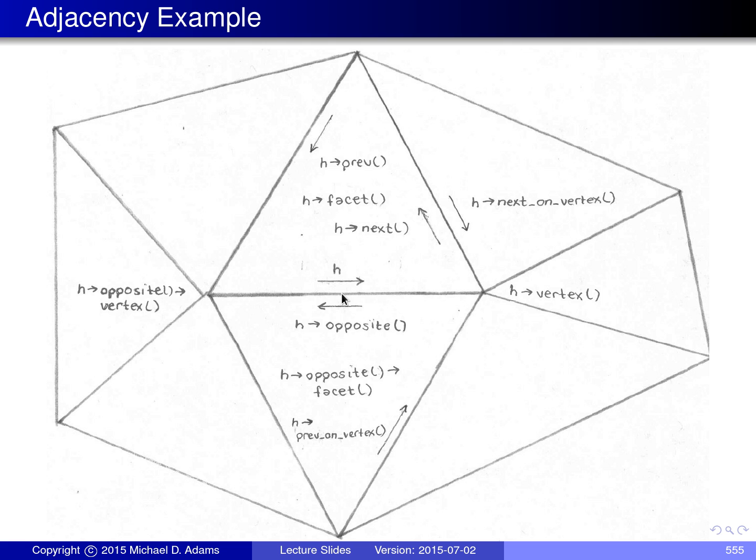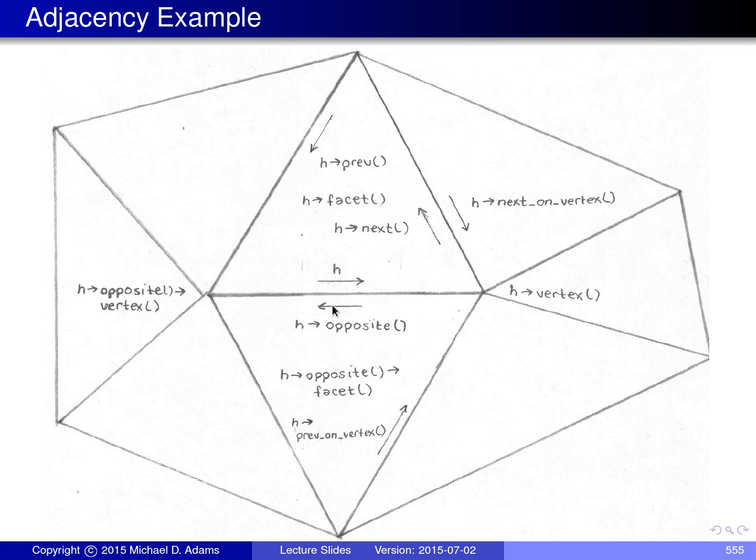So I'll go through each of these things that are labeled in the diagram and explain where they're coming from. First of all, if we have this half edge and we want to know the other half edge that's associated with the same edge but oriented in the opposite direction, we can call the opposite member function. So if I apply the opposite member function to H, this will give me the half edge that's oriented in the opposite direction from my original half edge H, which is this half edge here.